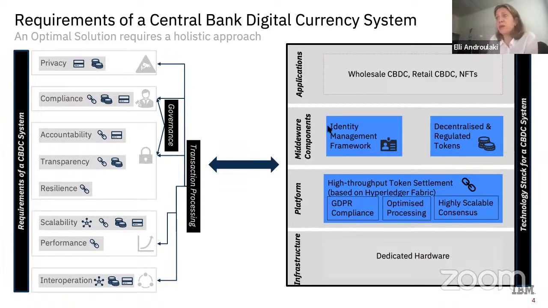Because of the requirement for accountability, strong identity management is important. And I will also say a few words on Hyperledger Fabric and what are the characteristics of the platform that make it more than relevant, and the preferred DLT for this CBDC, at least in the experimentations we've been involved in.